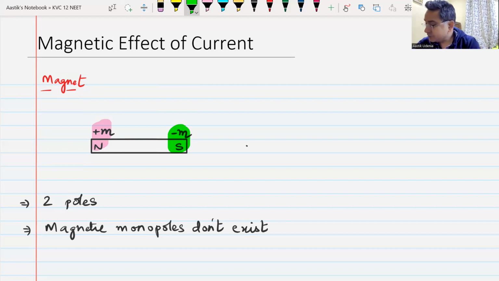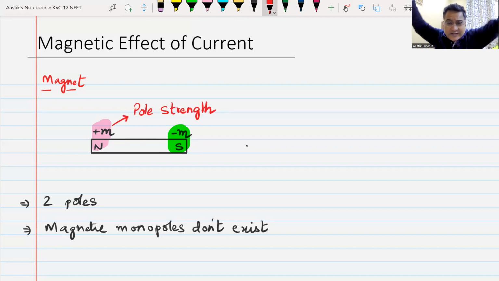This m is known as the pole strength of the magnet. If the pole strength is high, the magnet is powerful. If the pole strength is small, the magnet is weak.